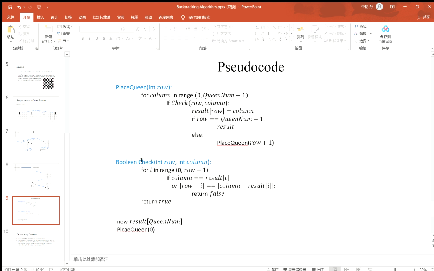We will use this check function to determine whether the partial solution has violated the constraints.